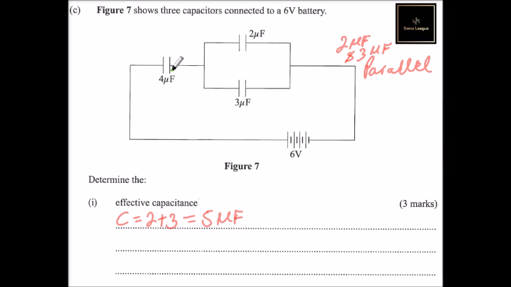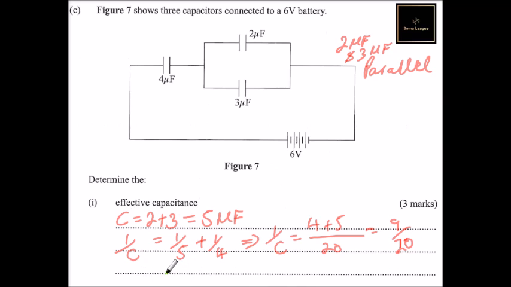Then because the two in parallel are in series with the 4 microfarads, we are going to say 1 over C is equal to 1 over 5, the combination of the two, plus 1 over 4, the capacitor of 4 microfarads. So this means that 1 over C, mathematically you can get the LCM is 20. So this will be 4 plus 5 is equal to 9 over 20.